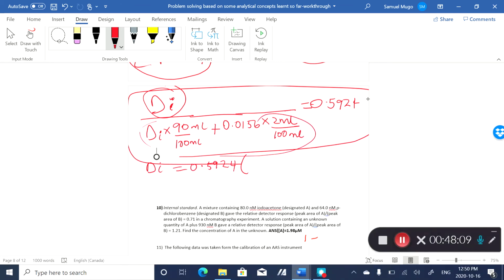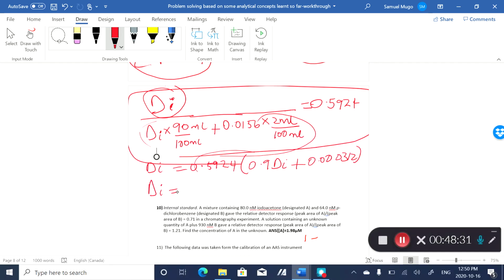So it's going to be 0.9 di, 0.9 plus whatever I get here, is 0.000312.